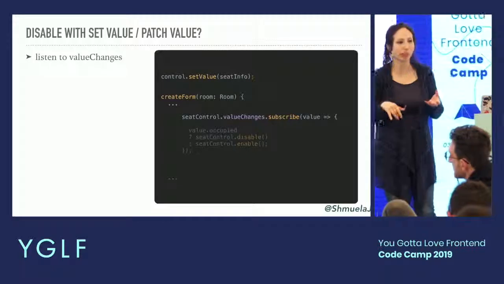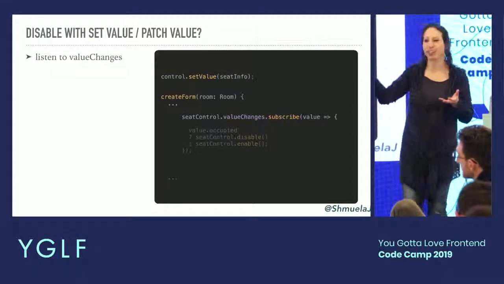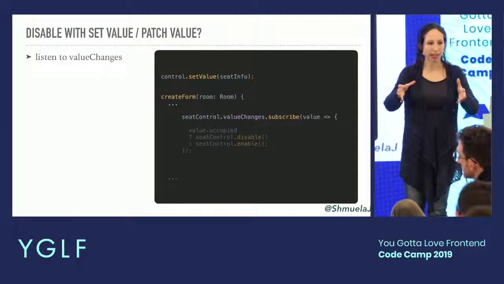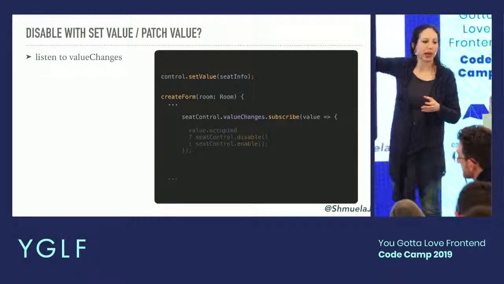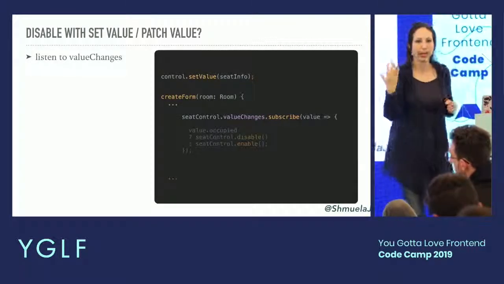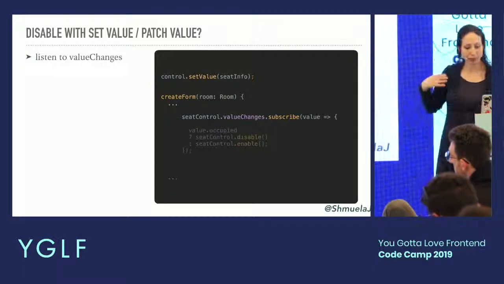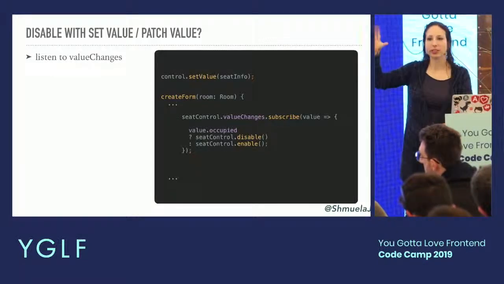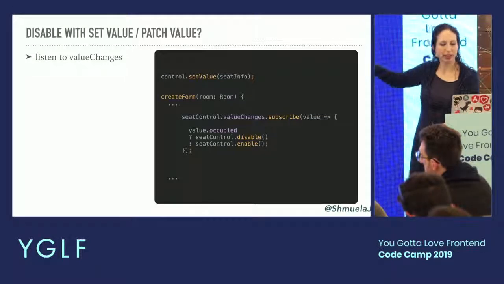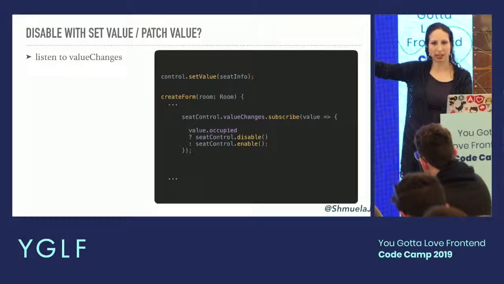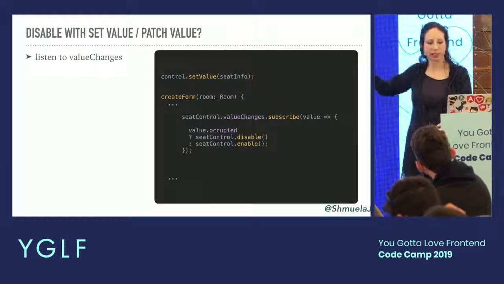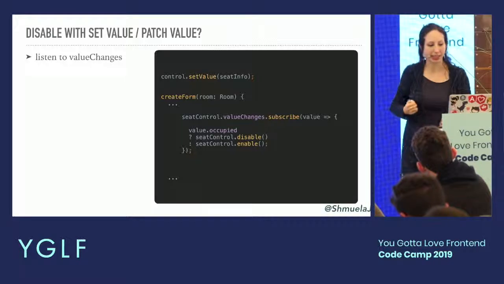Maybe you are getting that from the server, but you have to pass the whole object and then subscribe to the value changes observable that we have on each control, and then see if we got the value that it's occupied in the new value of the form control of the seat, then disable it, and if not, then enable it.